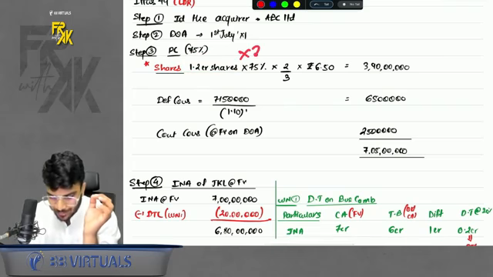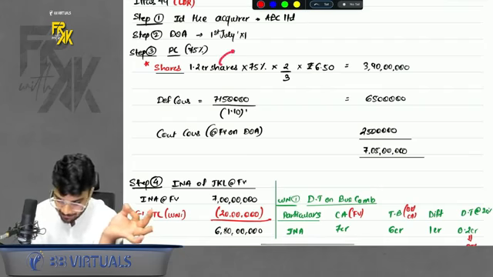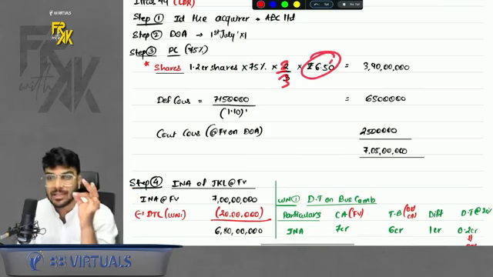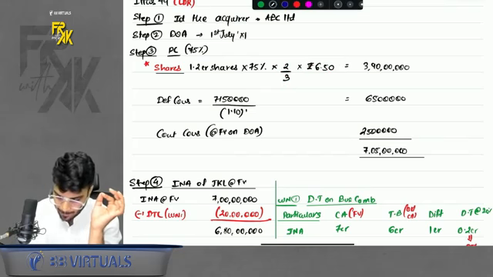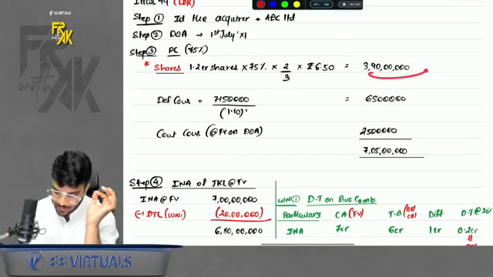Don't directly do 2/3. First multiply by 75%, because you have acquired only 75% of that company. Then do 2/3 and then multiply by the share price of the purchasing company. Do remember that. You will get the PC in shares.